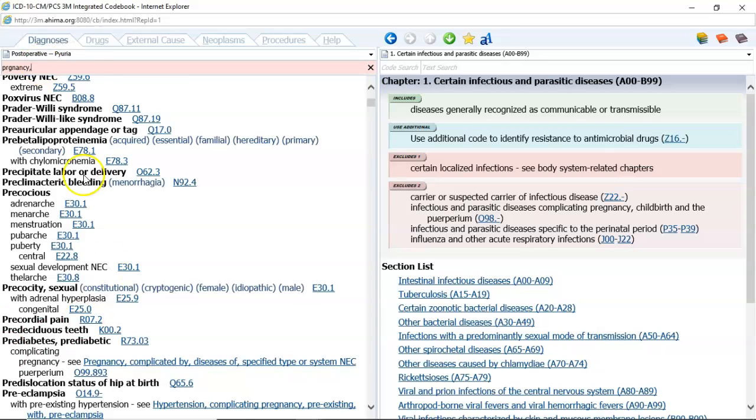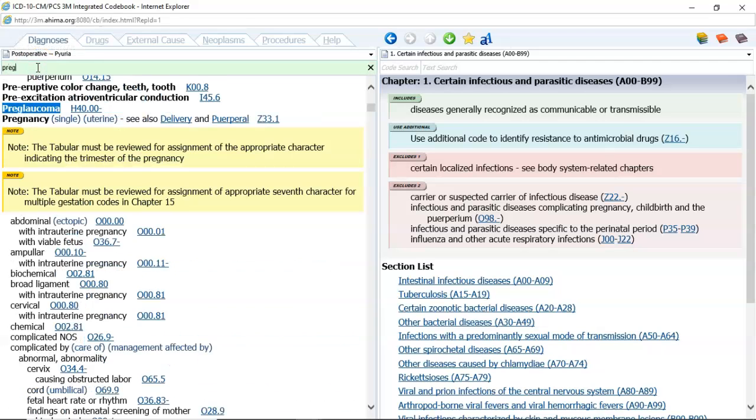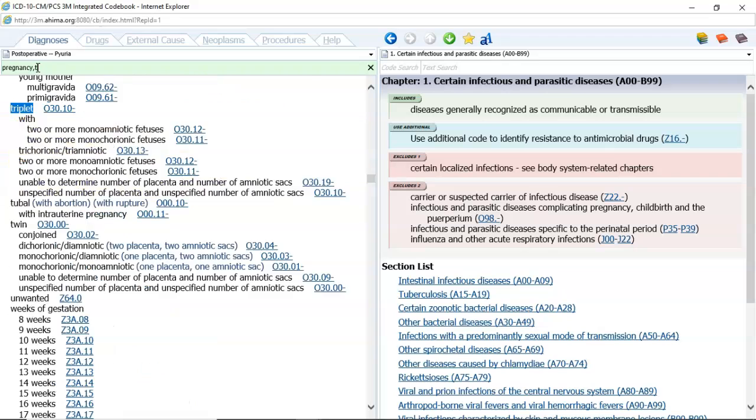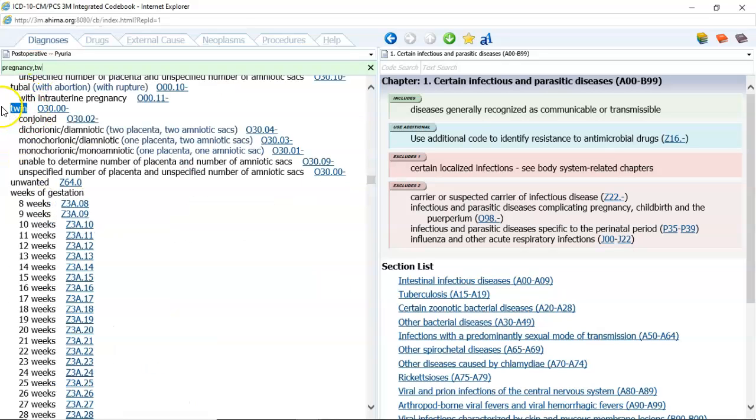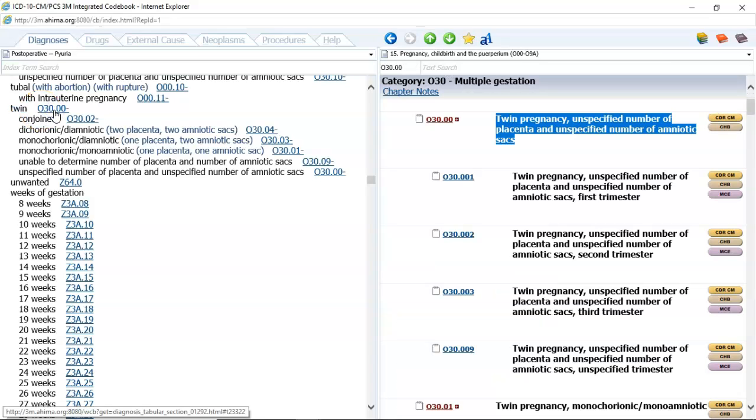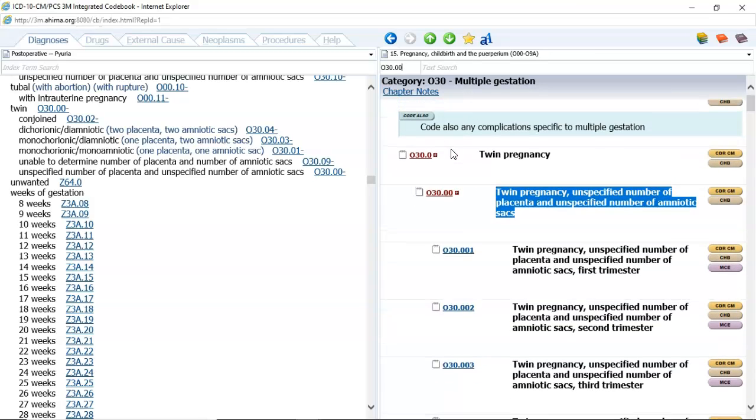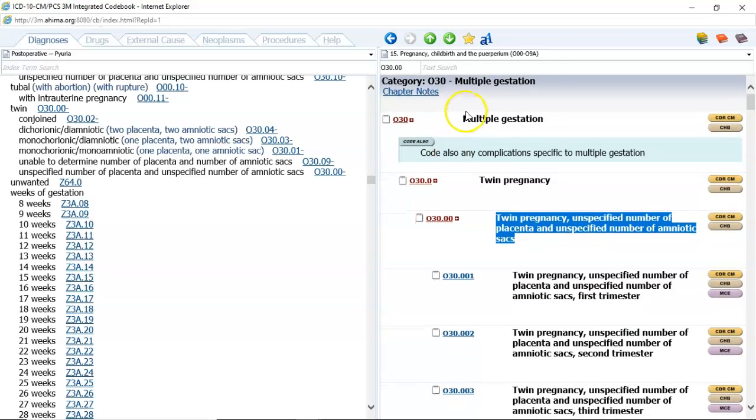pregnancy. So pregnancy, twin, O30.00. And when we look at this category, we're in the multiple gestation category.